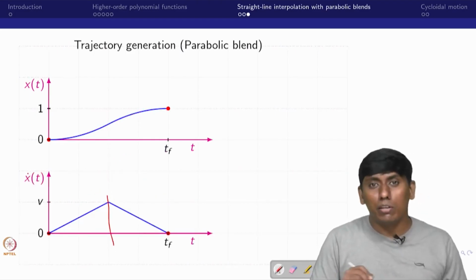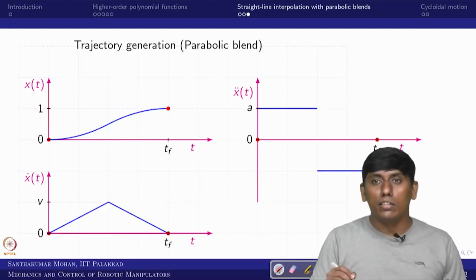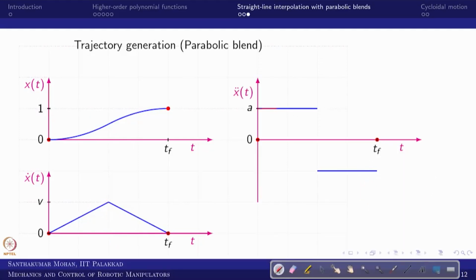The velocity is increasing then decreasing, in the sense of the acceleration curve, you can look at it: finite acceleration, then finite deceleration is happening. So now you can see that this is the whole idea for bringing straight line interpolation but with parabolic blend. The blend is blending into the straight line, that's why it is called parabolic blend.